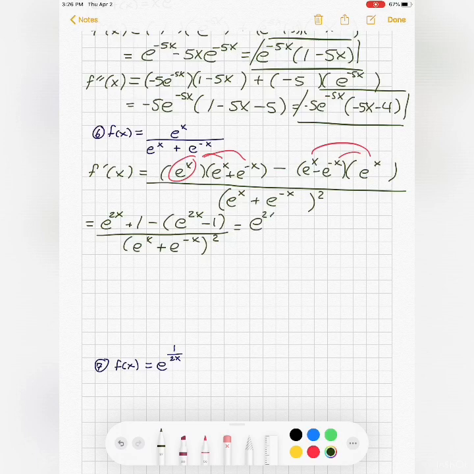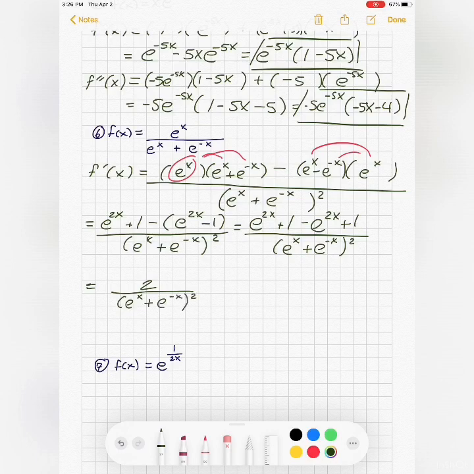So e to the 2x plus 1 minus e to the 2x plus 1 over e to the x plus e to the negative x squared. So it looks like I have 2 over e to the x plus e to the negative x squared. So it looks like that actually turns out pretty nice.